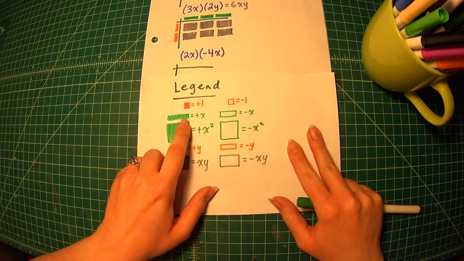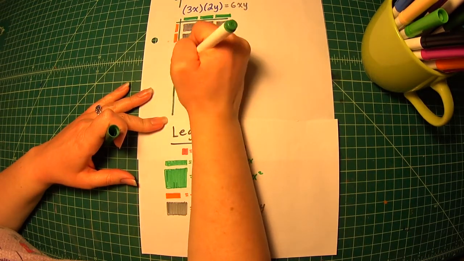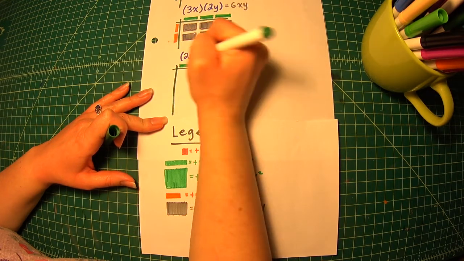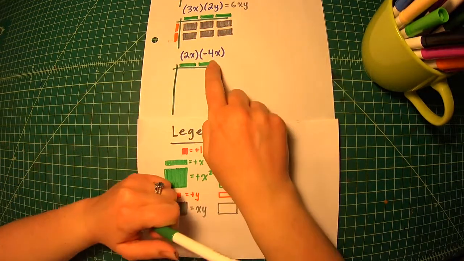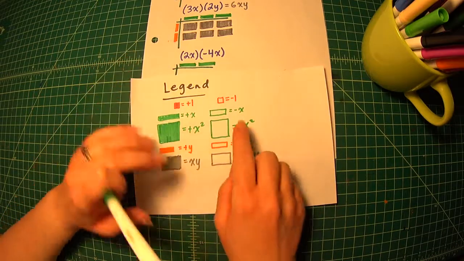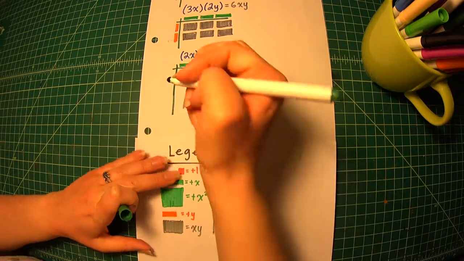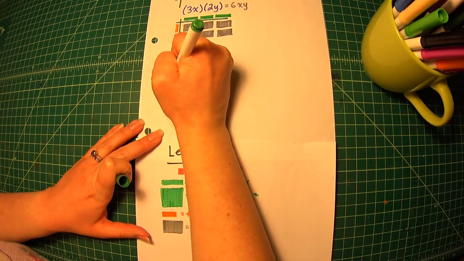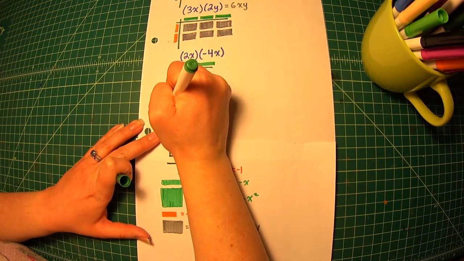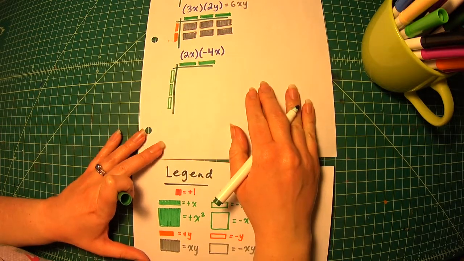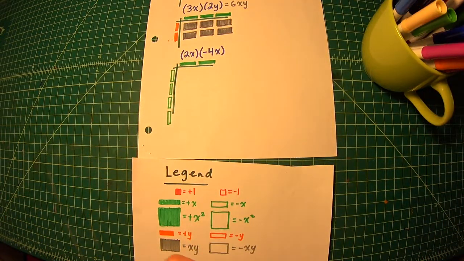Looking at my legend, it's the green rod. I need 2 of those going across the top, and they are positive, so shade them in. Times negative 4x. We're still working with x, so we're just looking at the opposite side of that tile, but we need to keep them unshaded because they're negative. So 1, 2, 3, oops, I'm a little bit short here, 4. Extend that a bit.